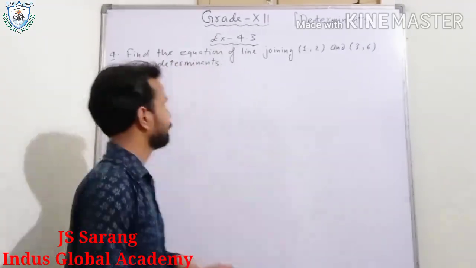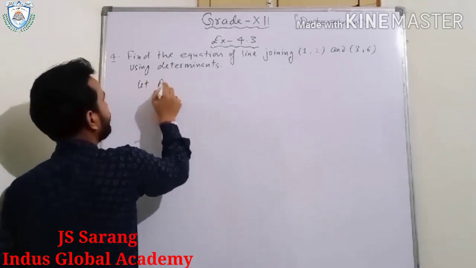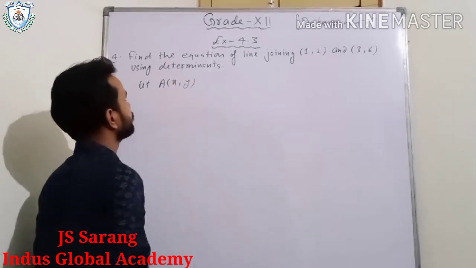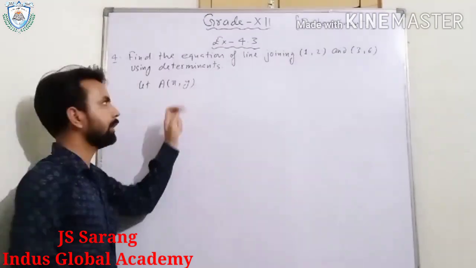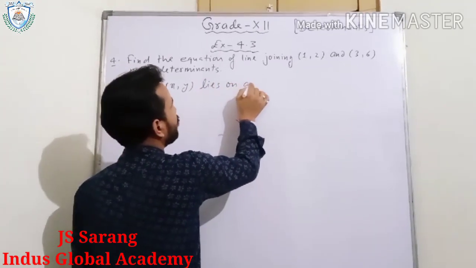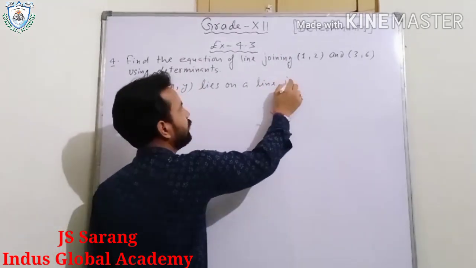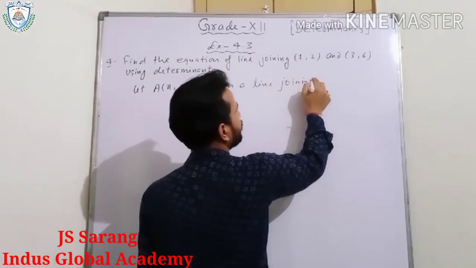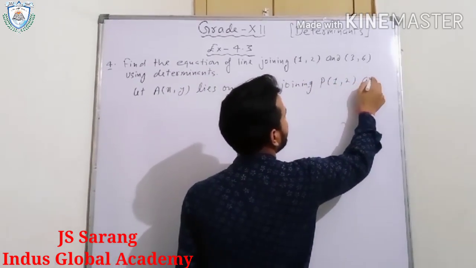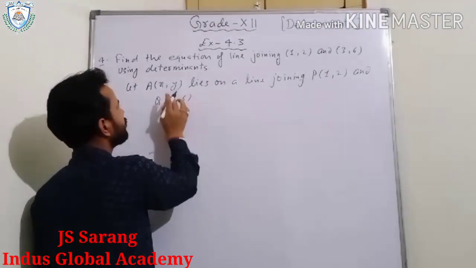Understood? So see, let point A (x, y), let this be a point that lies on a line joining the points P (1, 2) and the point Q (3, 6).